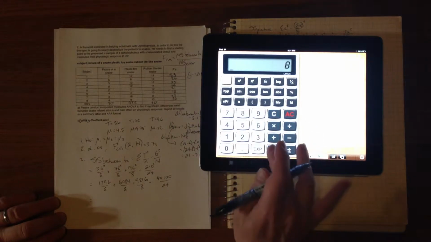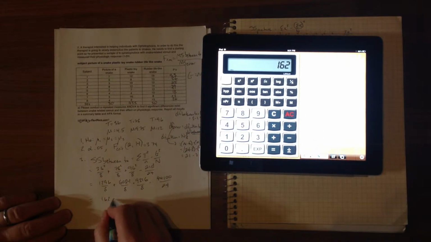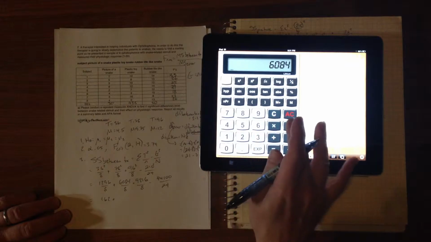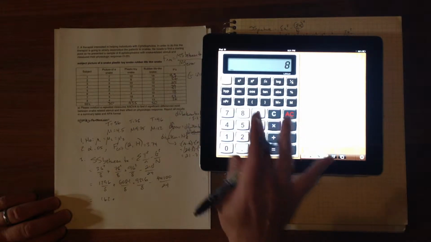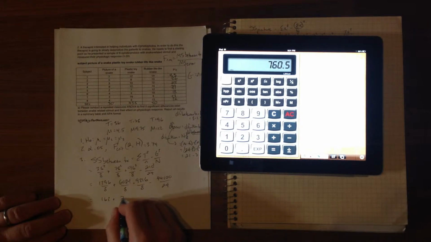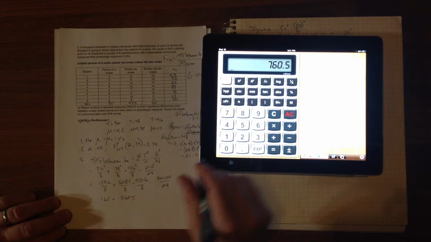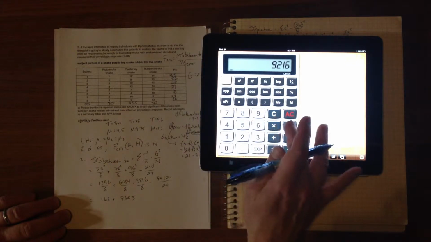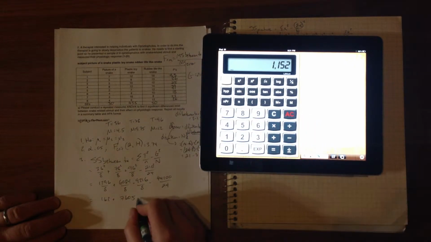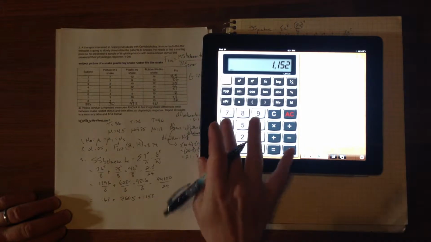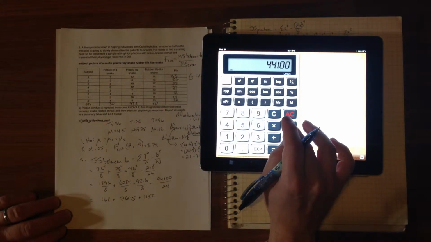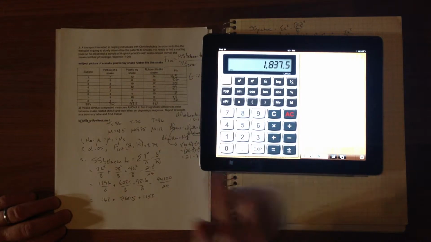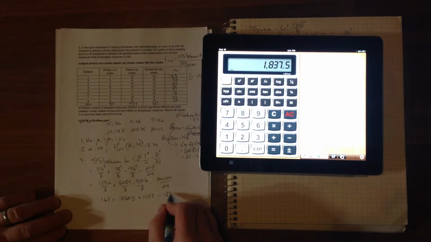1296 divided by 8 is 162. 6084 divided by 8 is 760.5, and 9216 divided by 8 is 1152. 44.1, that's the sample rate of CDs, divided by 24 is 1837.5.